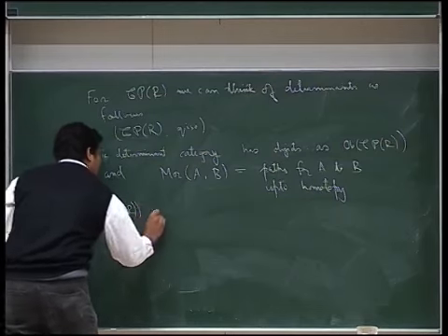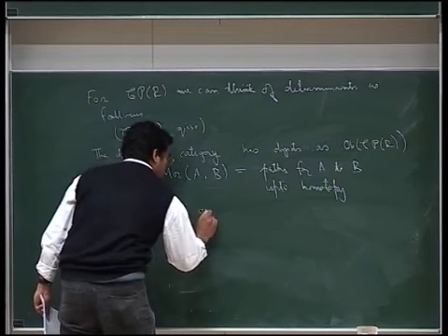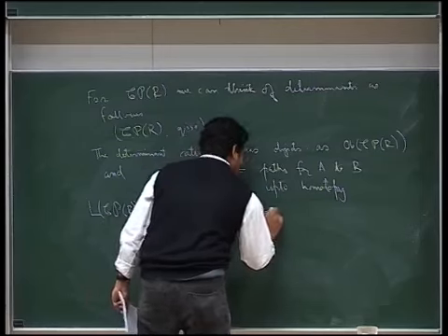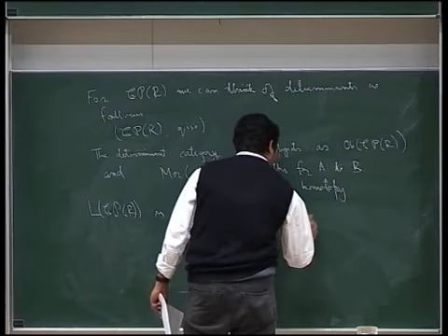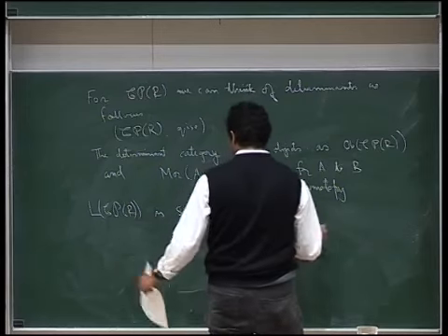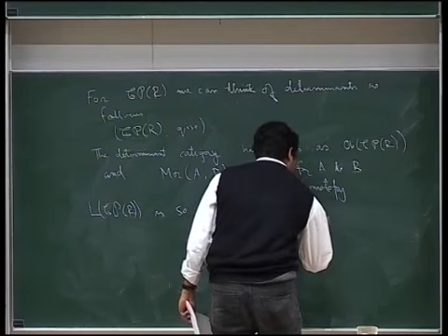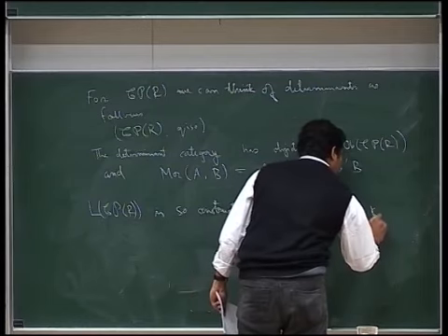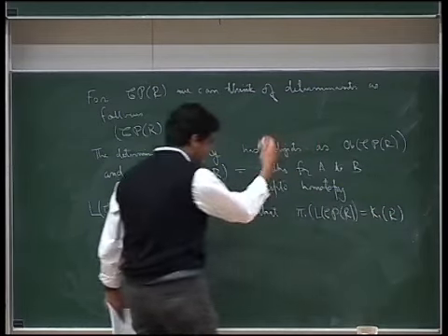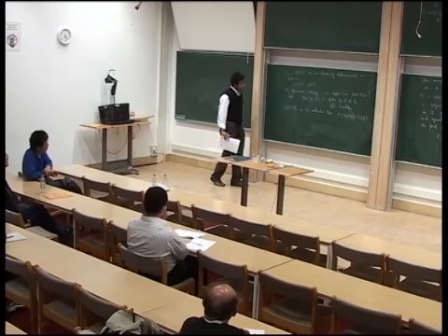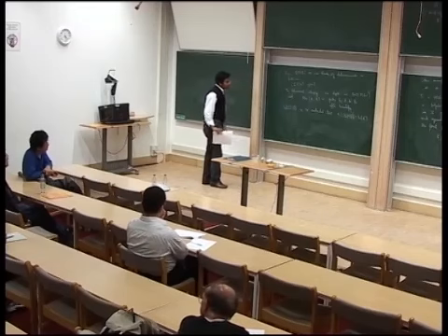And this L(C(R)) is constructed so that pi 1 of this L(C(R)) is equal to K1 of R, the K1 defined before. So what does this say?